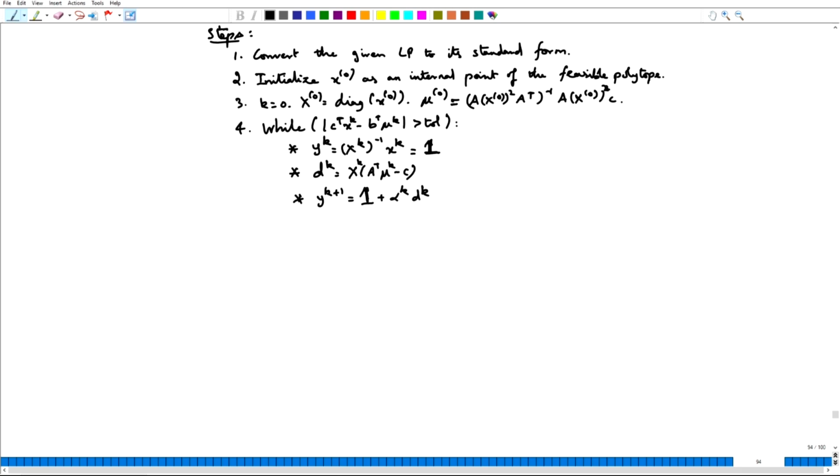Note that yk plus 1 actually has to be greater than or equal to 0. So if we want 1 plus alpha k dk greater than or equal to 0, then we need alpha k dk greater than or equal to minus 1.